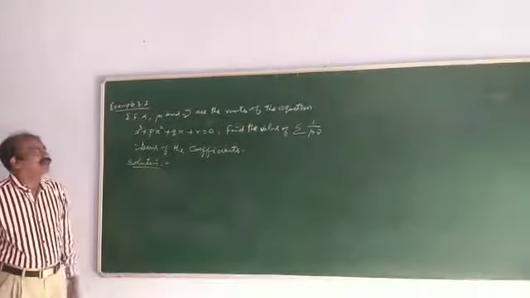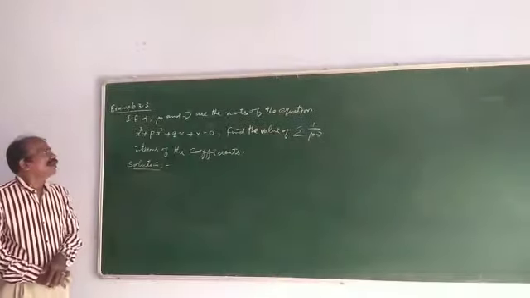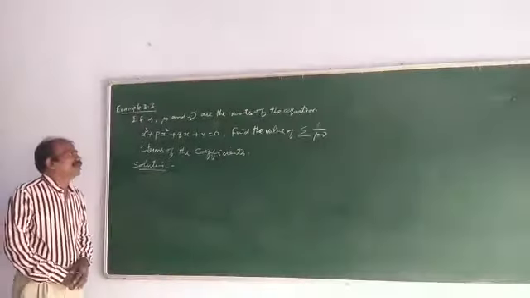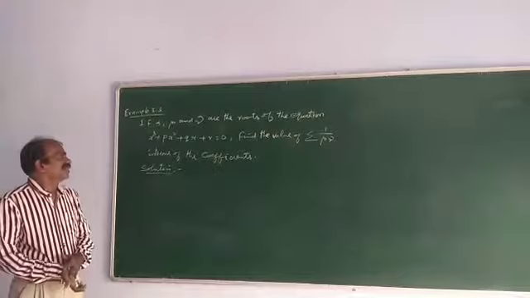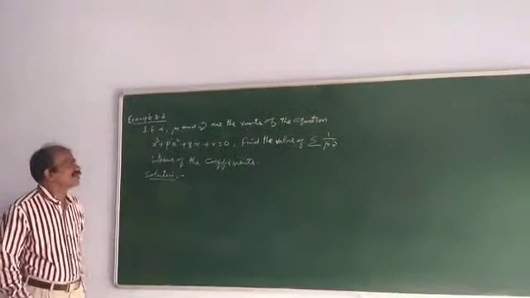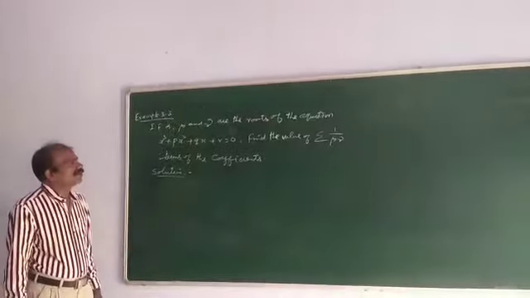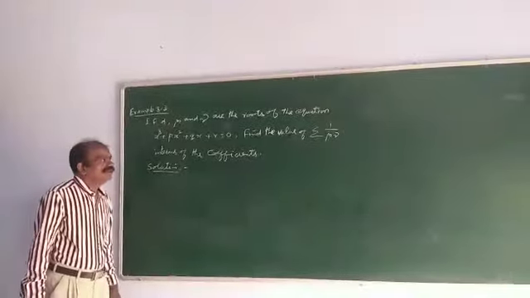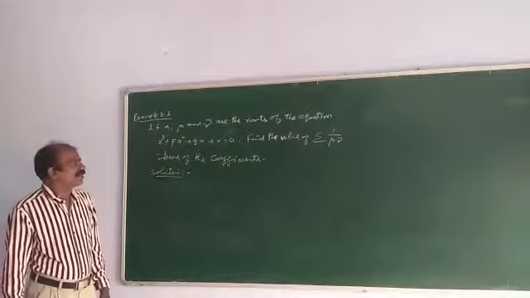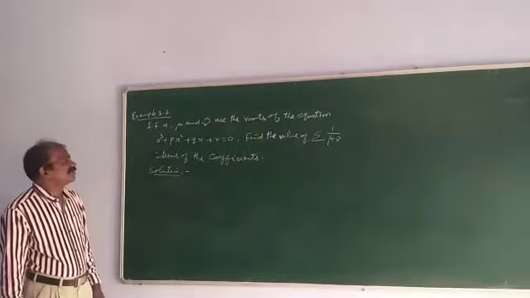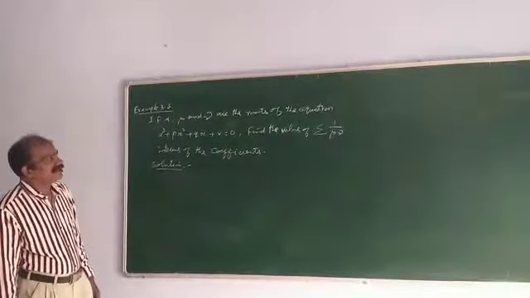Example 3.3. If alpha, beta, and gamma are the roots of the equation x cubed plus px squared plus qx plus r equal to 0, find the value of sigma 1 by beta gamma in terms of the coefficients.